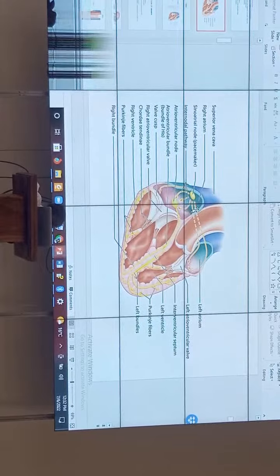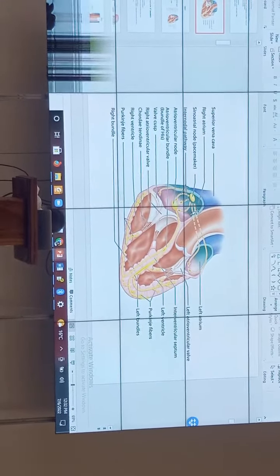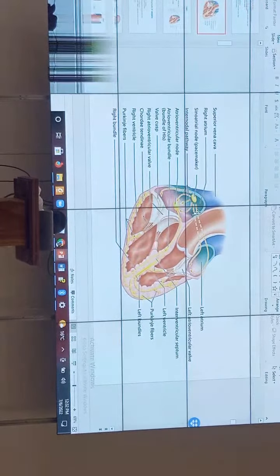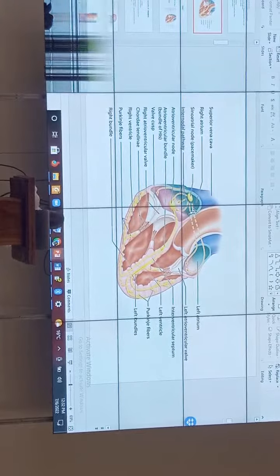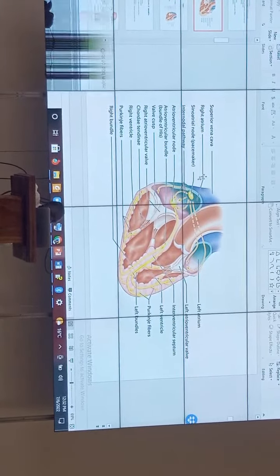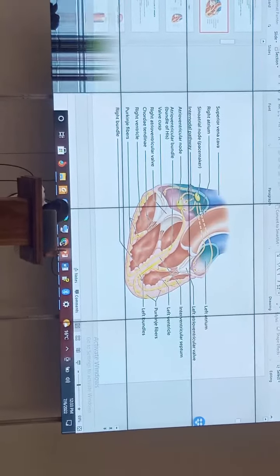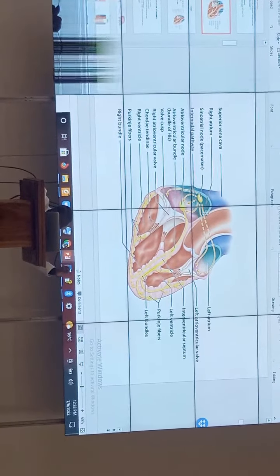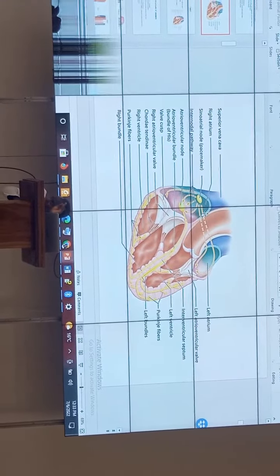Through the parasympathetic system of the autonomic nervous system. So the nerves that come to the heart carry parasympathetics and sympathetics. Clear, guys?